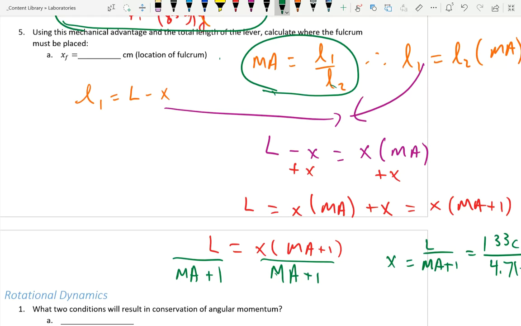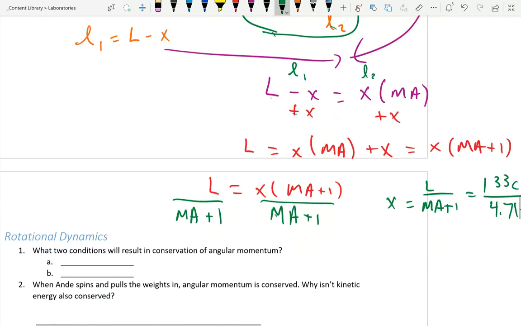Then I substituted for L1 and L2, so I have L minus X in place of L1 is equal to X in place of L2 times MA. Then I moved the X across, adding X to both sides, and so I had L is equal to MA times X plus X. Factoring out the X from the right side, I had L is equal to X times MA plus 1, divided by MA plus 1. And I have my value for X.